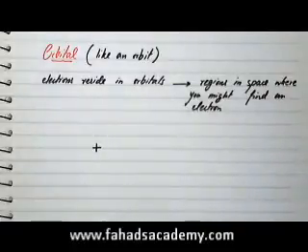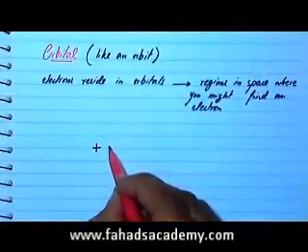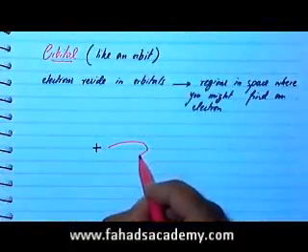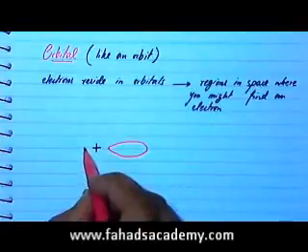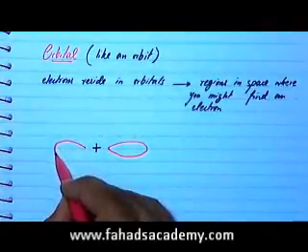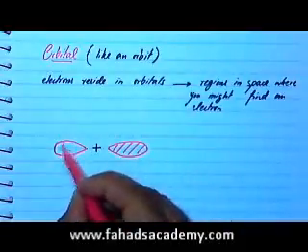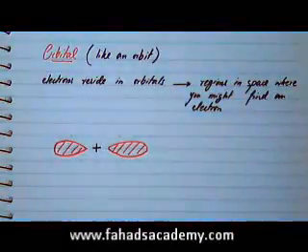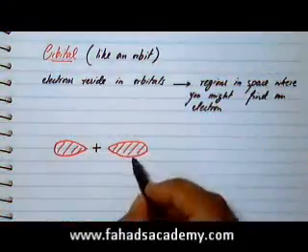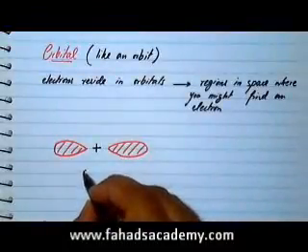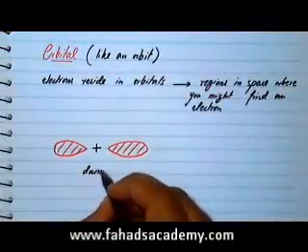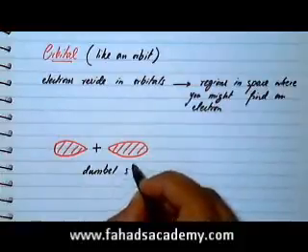Take the example of a p orbital. Now, a p orbital has this shape. If you look at a p orbital, it's basically dumbbell shaped.